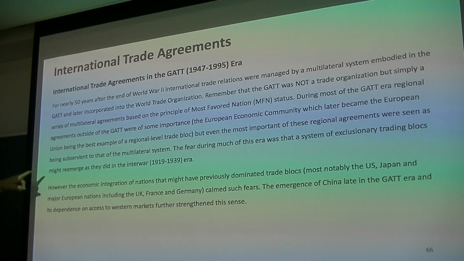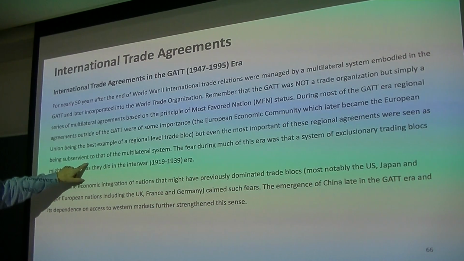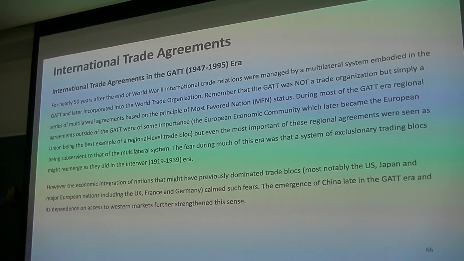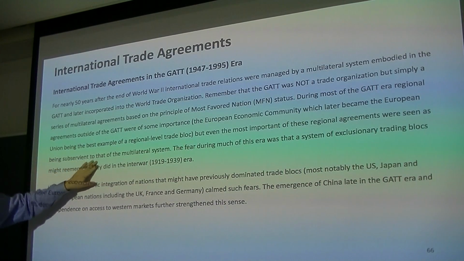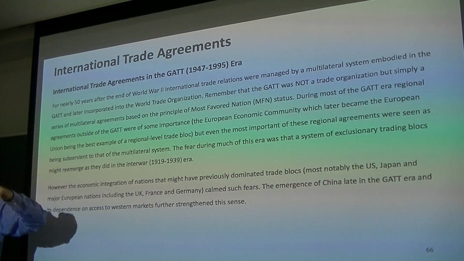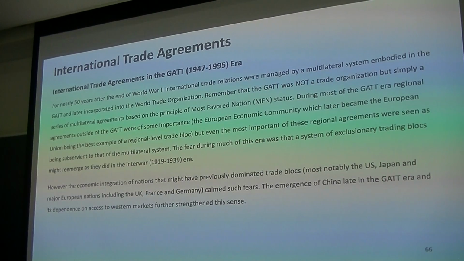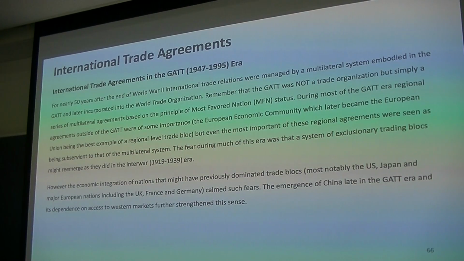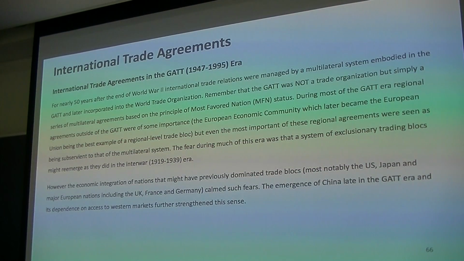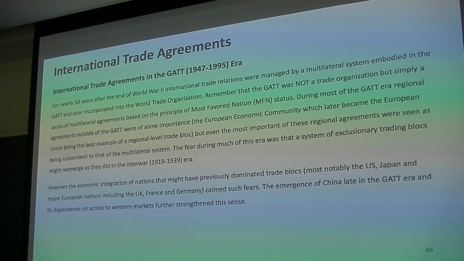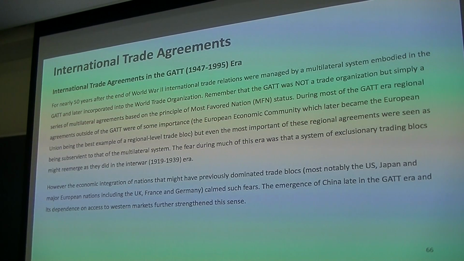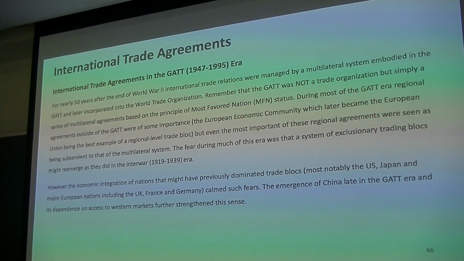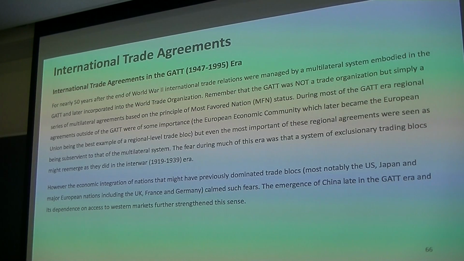But what became the European Union was seen as underneath the GATT. The General Agreement on Tariffs and Trade was over organizations such as the European Union, the EEC.